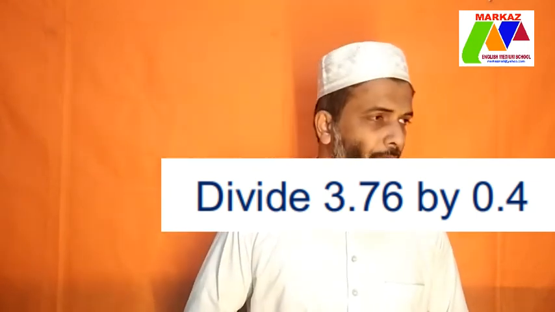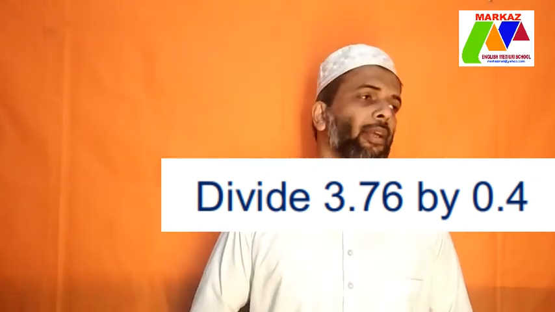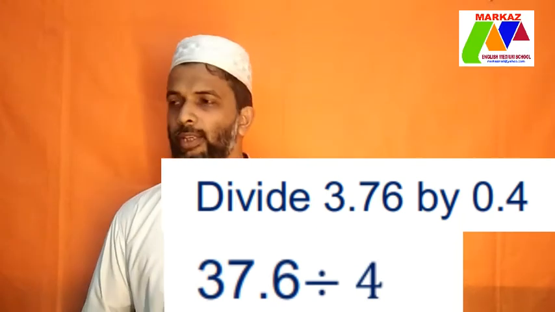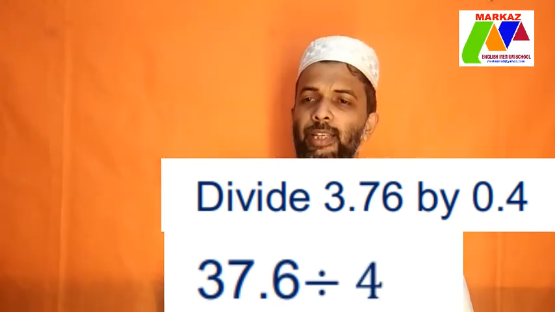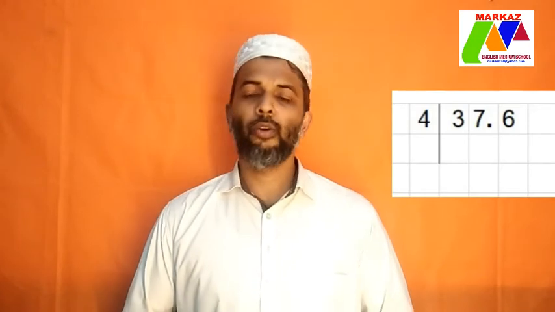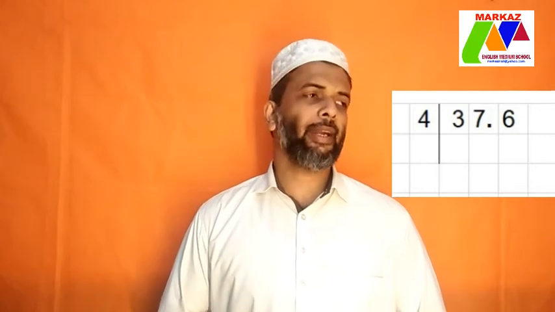Now we have new dividend and divisor: 37.6 divided by 4. The first digit of the dividend is smaller than the divisor. So consider first two digits. How many 4s in 37? Yes, 9 times. 9 into 4s are 36.